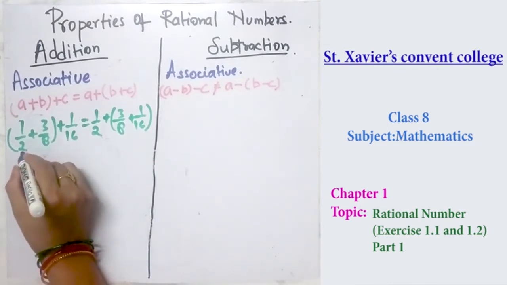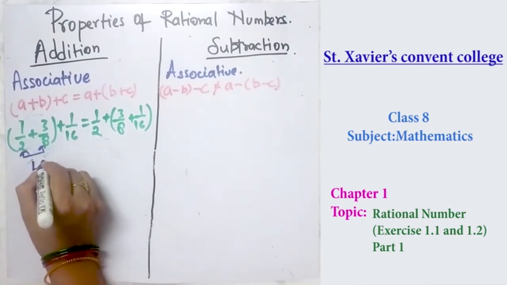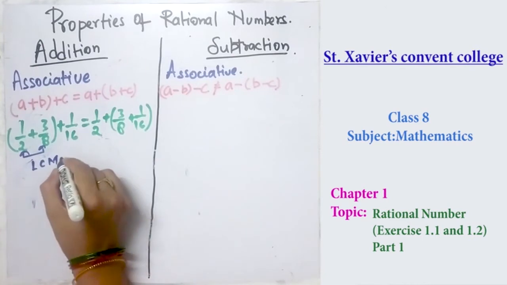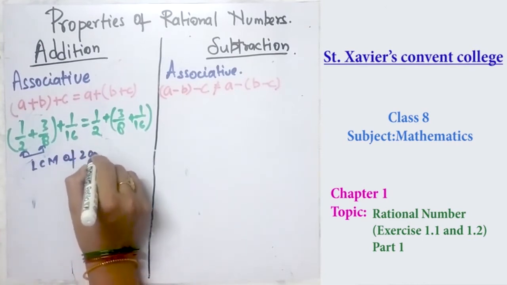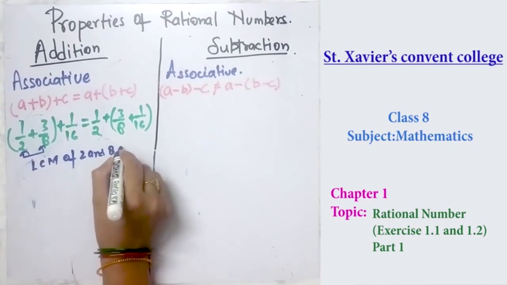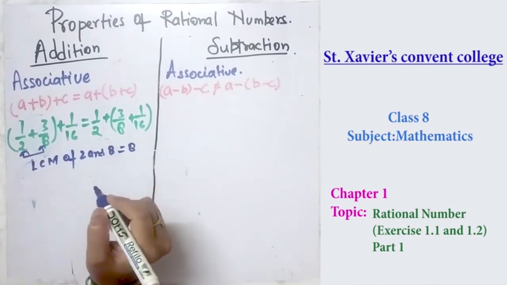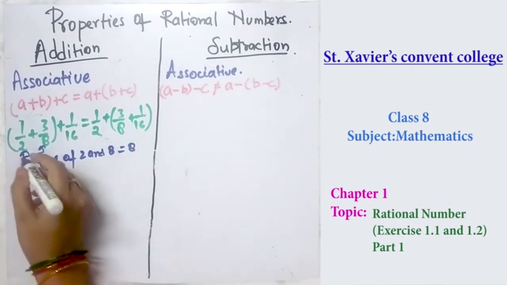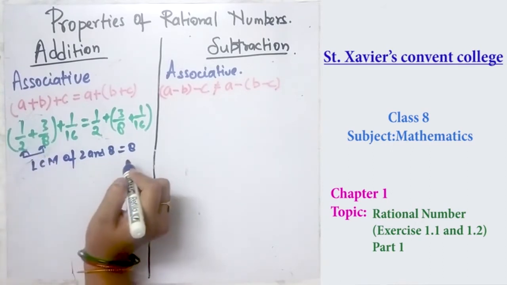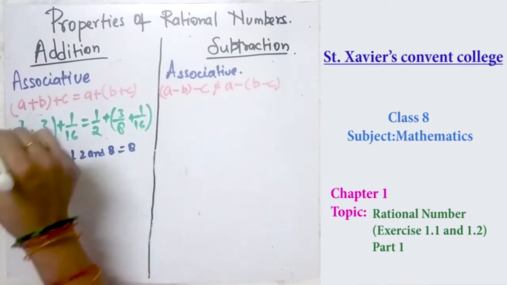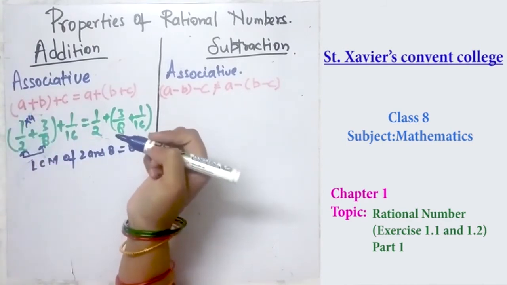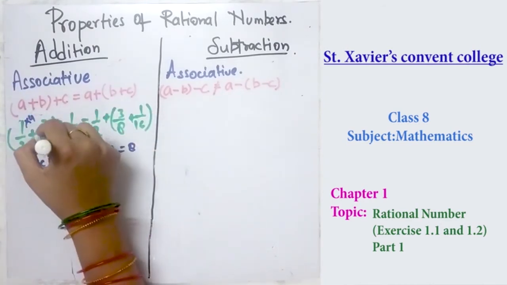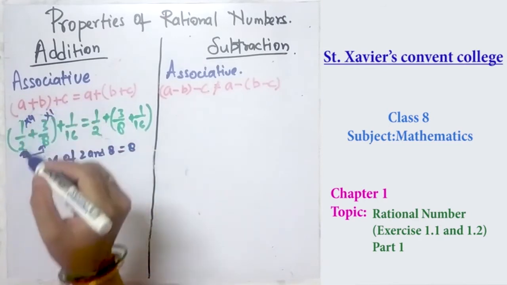For that, we have to take the first LCM. The LCM of 2 and 8 is 8. Now 2 into 4 is 8, so 4 times 2 is a multiple of 8, and 8 times 8 into 1.